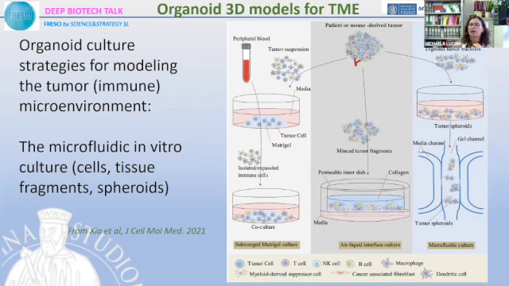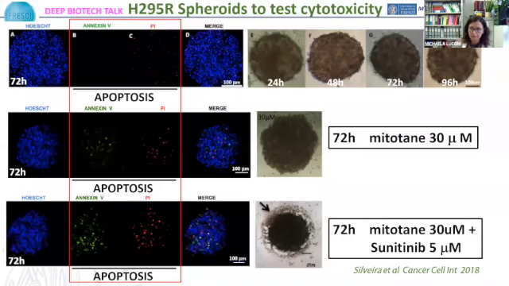So we can use these different approaches, cells, tissue fragments and also spheroids, but putting them in a microfluidic system, which is really more physiological than just putting the drugs in the wells.